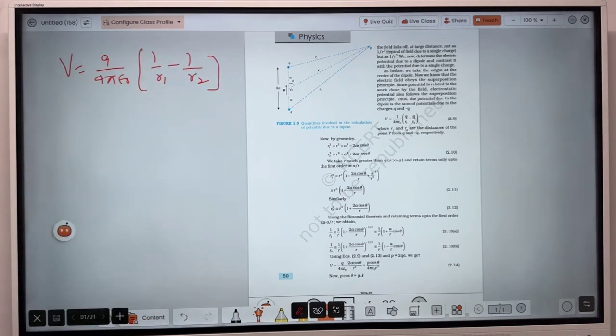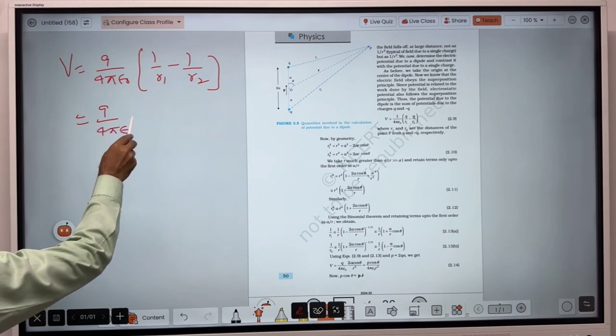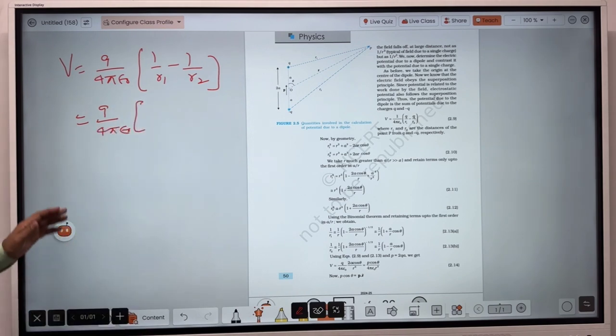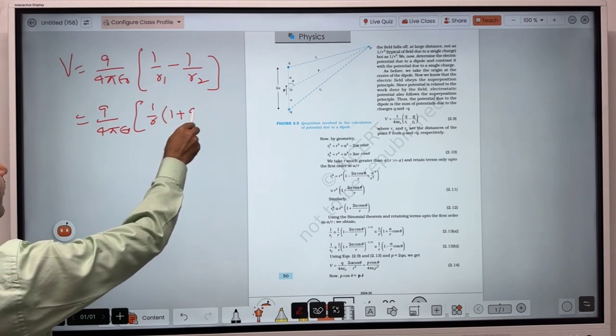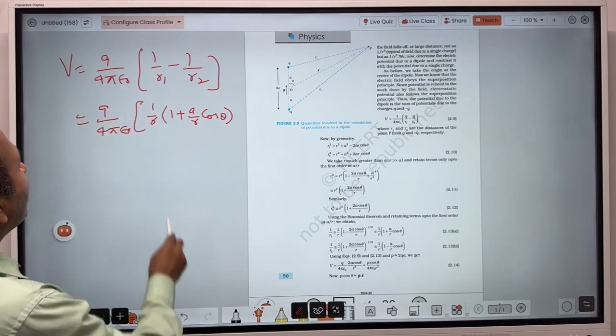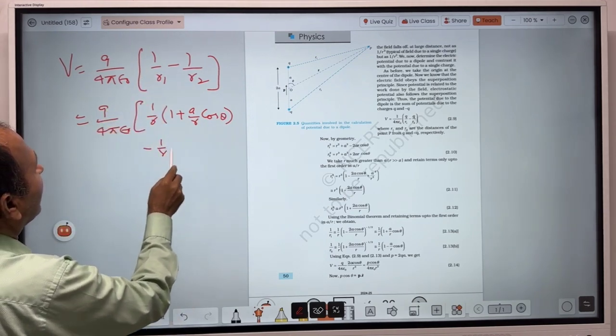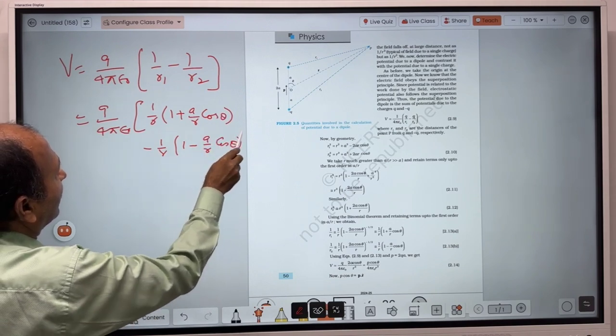Now we can put the values of r1 and r2 as we have obtained. So for 1 upon r1 we got 1 upon r into 1 plus a upon r cos theta, and for 1 upon r2 we got 1 upon r into 1 minus a upon r cos theta, so it becomes q upon 4 pi epsilon naught times that bracket.